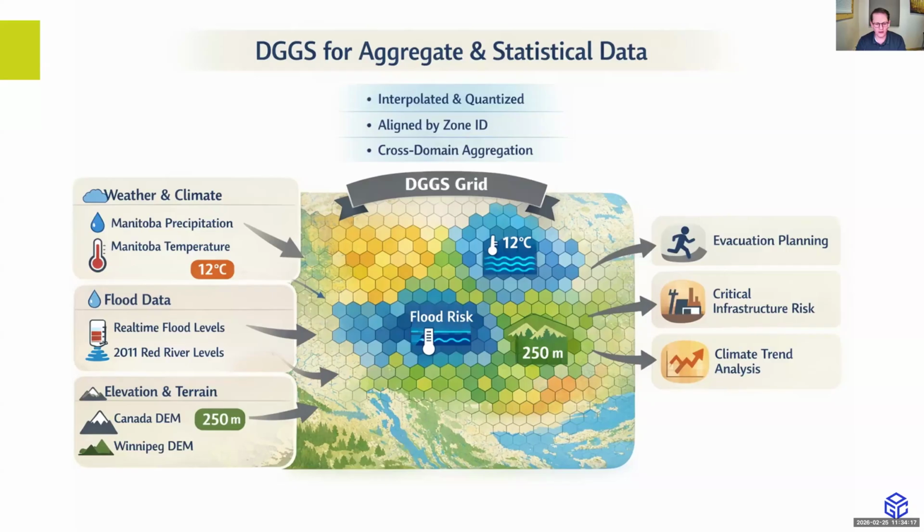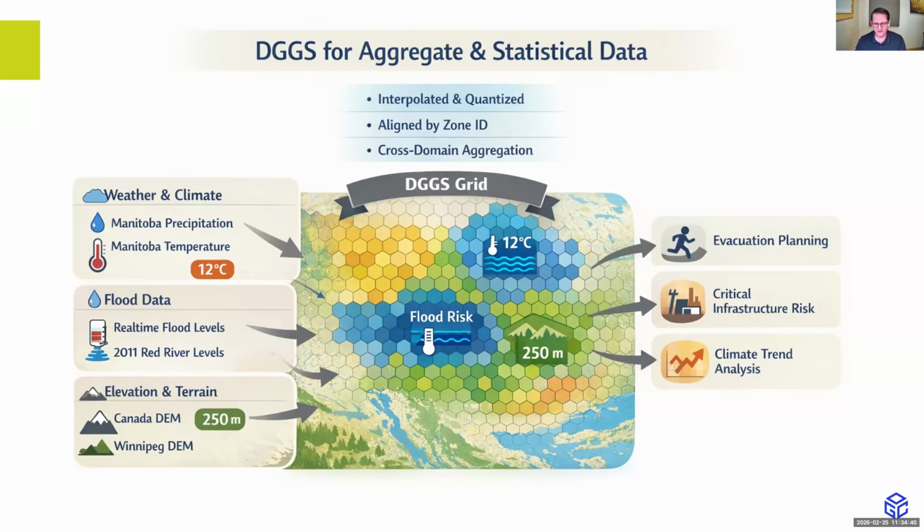Because when you're looking at a query from a DGGS backend, what you're getting is a bunch of statistical information, and within that result set you're basically getting an array, and each position or index in that array represents a location. It's an implicit identifier that is globally unique.